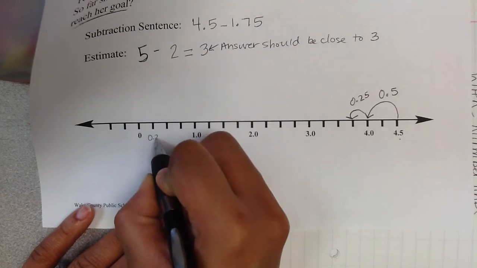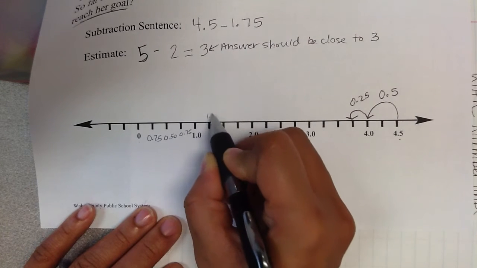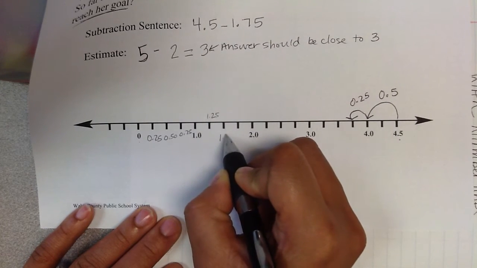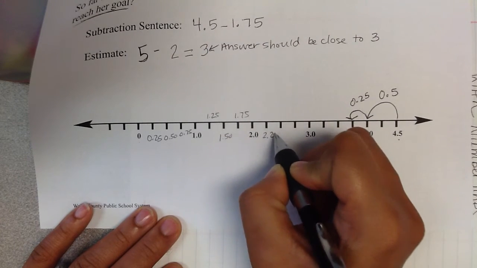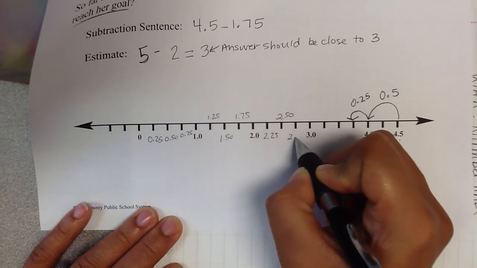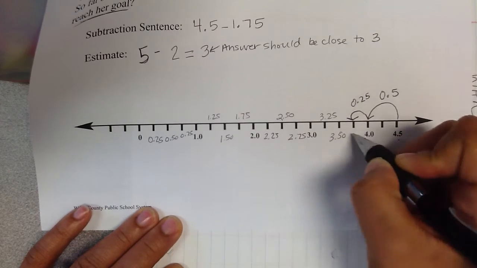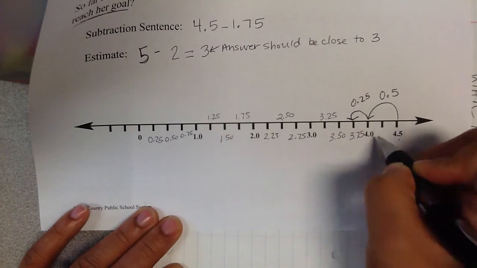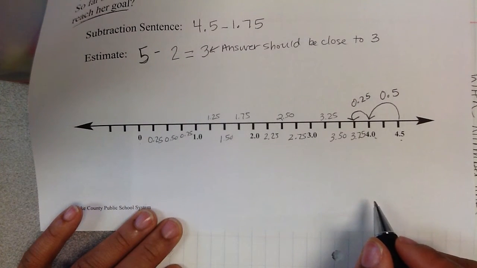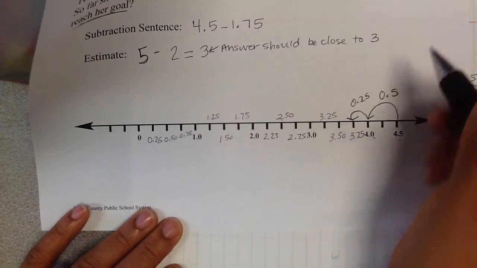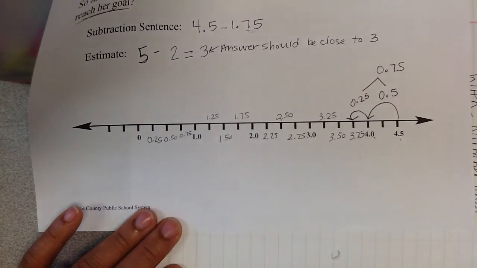Okay, 0, 0 and 25, 0 and 50, 0 and 75, and then 1 whole. 1 and 25, 1 and 50, 1 and 75, 2 wholes. 2 and 25, 2 and 50, 2 and 75 hundredths, 3 wholes. 3 and 25 hundredths, 3 and 50 hundredths, 3 and 75 hundredths, 4 wholes. So if I know that it's counting back by 25 hundredths at a time, my 25 hundredths and my 5/10 together make the 75 hundredths out of the 1 whole and 75 hundredths I needed to take away.